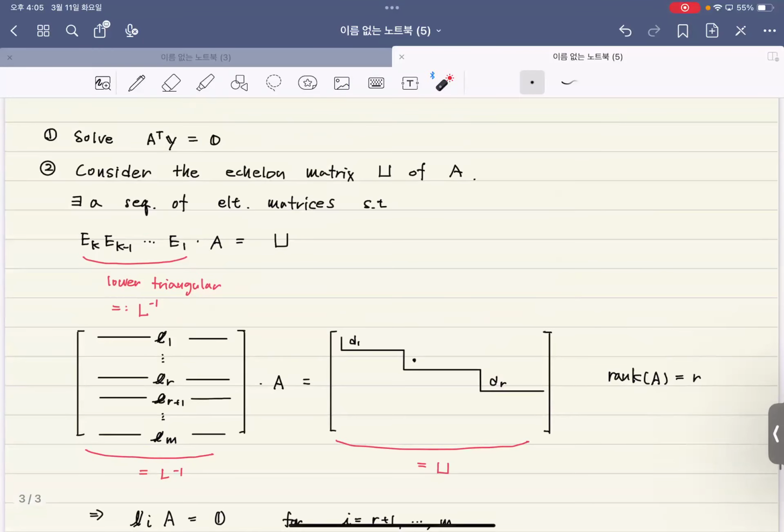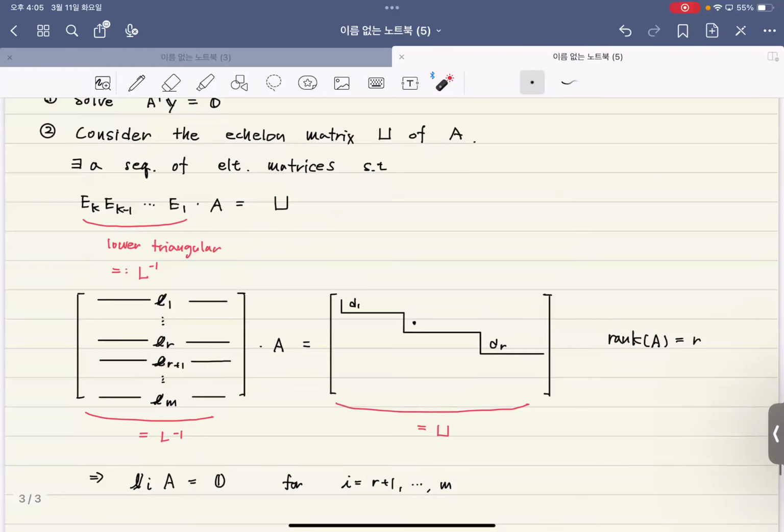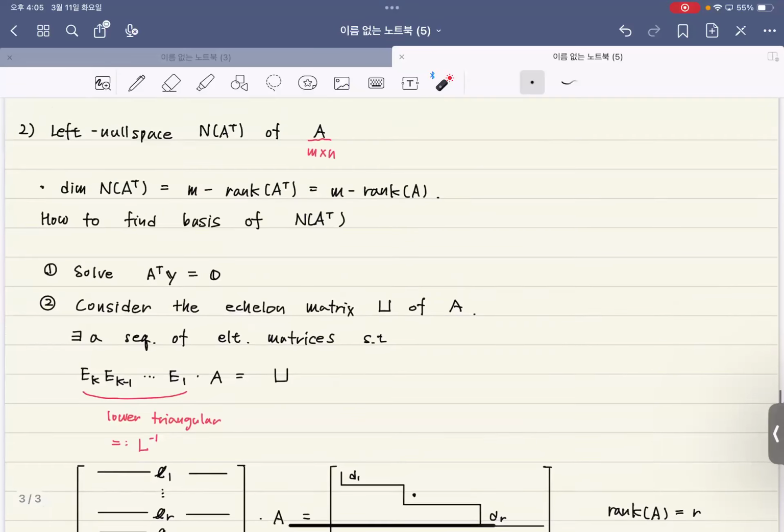So it is okay to say that these vectors, L_{r+1} to L_m, form a set of bases of the left null space of A. Why? Because the dimension of this space was precisely n minus rank.